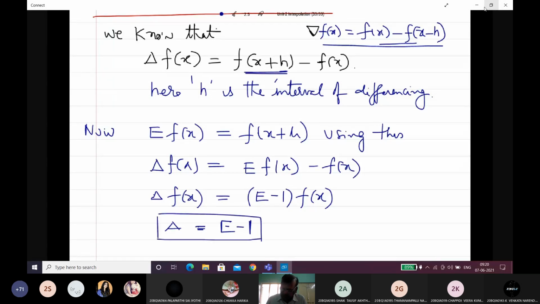It is a standard result. Or 1 plus delta is equal to E, or delta is equal to E minus 1. Okay.